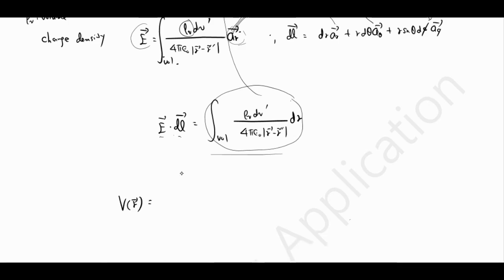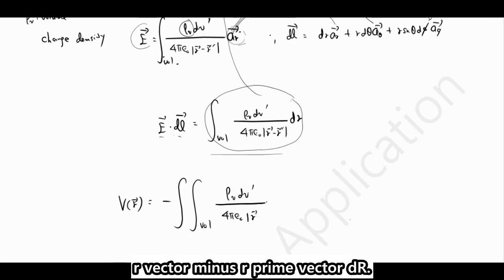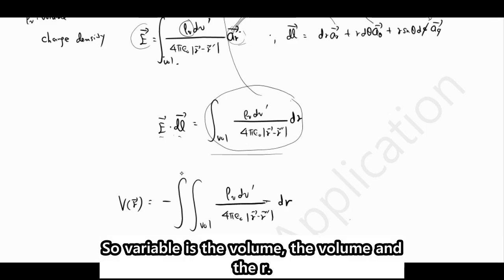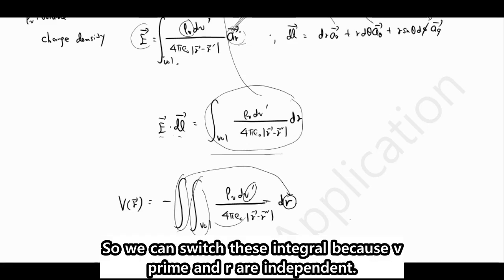the potential field at point P is minus the volume integral of rho v dv prime over 4 pi epsilon 0 times the magnitude of r vector minus r prime vector, dr. The variables are the source volume and r. So this is the integral over the volume, and this is the integration over r. We can switch the integrals because v prime and r are independent.